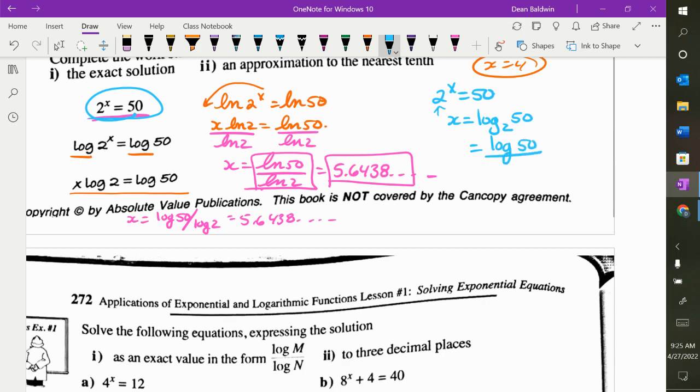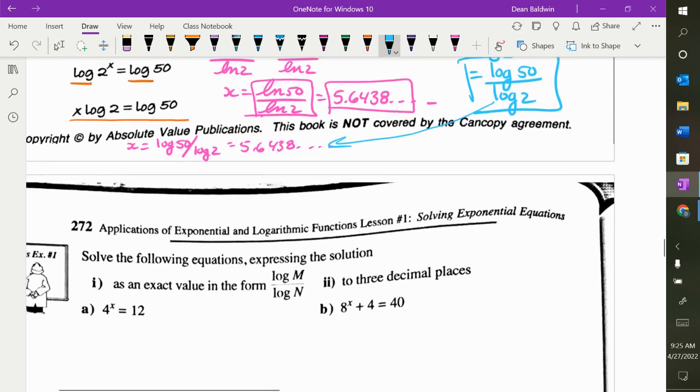And then the base of the original becomes the argument in the denominator. So if you like that method, you can do that method. But in the end, you get to the same point. It doesn't matter. If I'm asking for a decimal, you're going to have to enter it in your calculator. You're going to have to use change of base rule anyway. We okay with that?